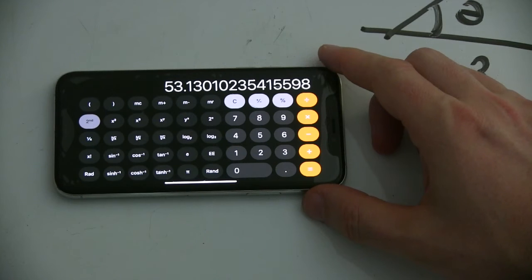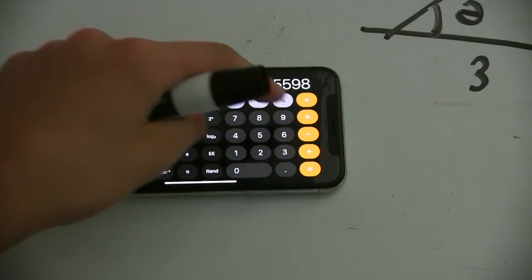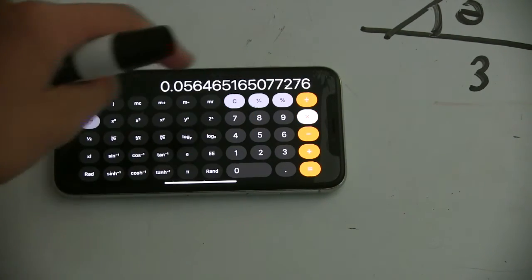Okay, there we go. So theta is about 53.1301. Okay. That's in radians. If I wanted to do degrees, we could do times 180 and then divided by pi.